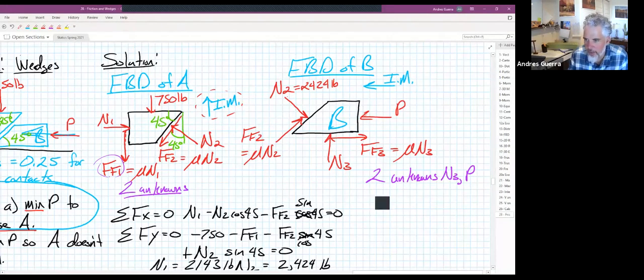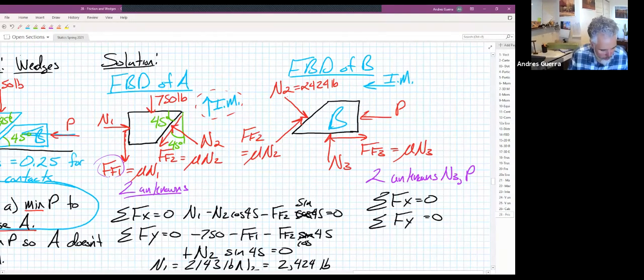We could sum forces in the X, sum forces in the Y, and when we go through that exercise, we would find that N3 is equal to 1,286 pounds, and P is equal to 2,464 pounds.